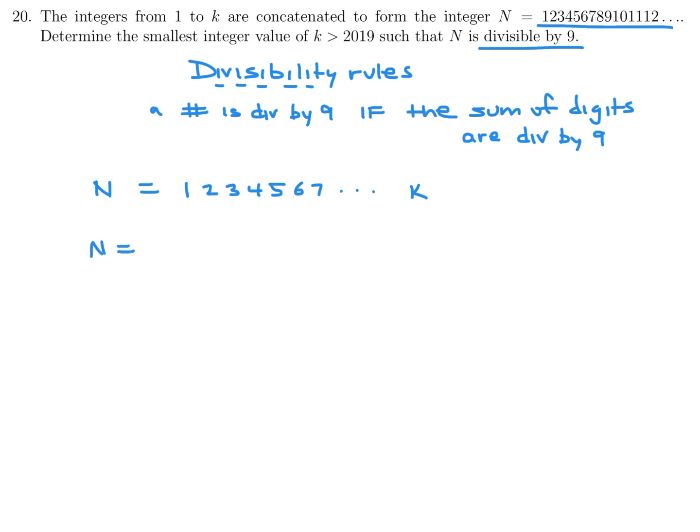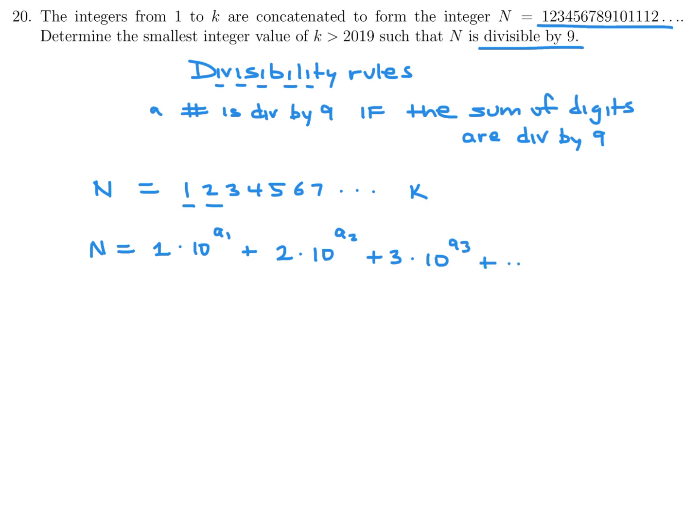It means 1 times some power of 10. I don't know what that power is, so I'm going to call it A1. Then it's 2 times 10 to the power A2, one less power, but I'll just write it A2, because I don't know what A1 is. And then so on: 3 times 10 to the power of A3, and you get the point.